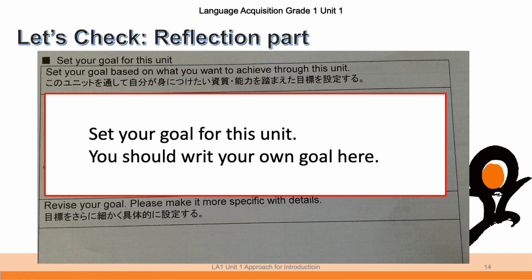Next page, you can see a reflection part. This table is totally blank. At the top of the page, you can read, set your goal for this unit. You need to set your goal by yourself in the first lesson.